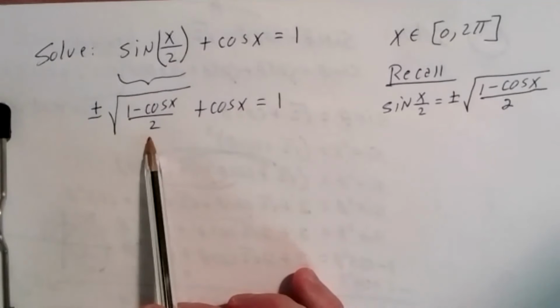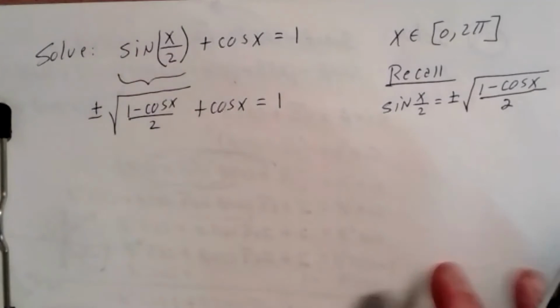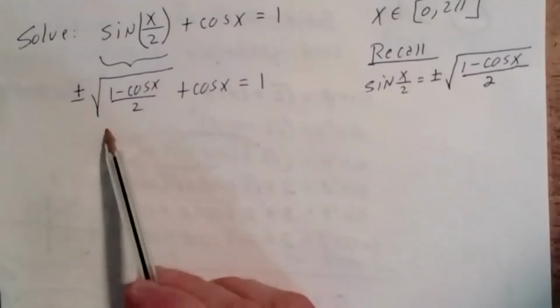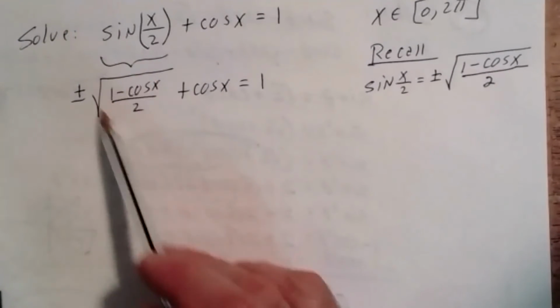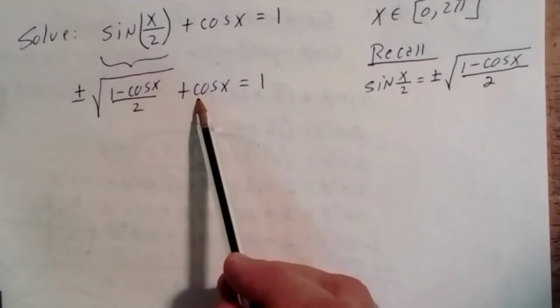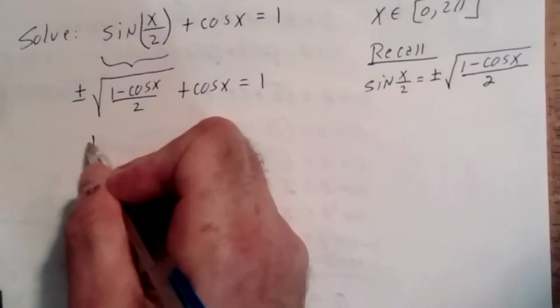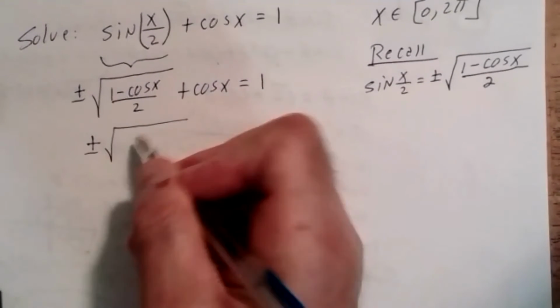How ugly this looks. Do you remember back in algebra when solving radical equations, you always wanted to isolate the radical on one side of your equation? So I'm going to subtract cosine x from both sides of this equation to get this square root all by itself on the left side. Let's isolate the radical.